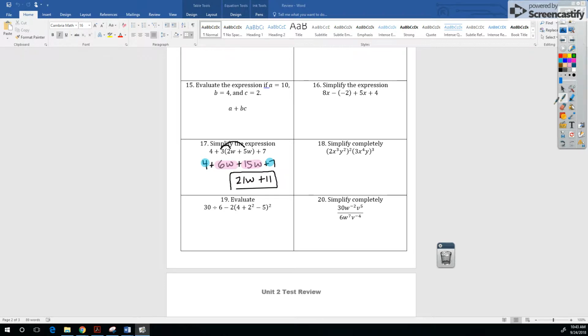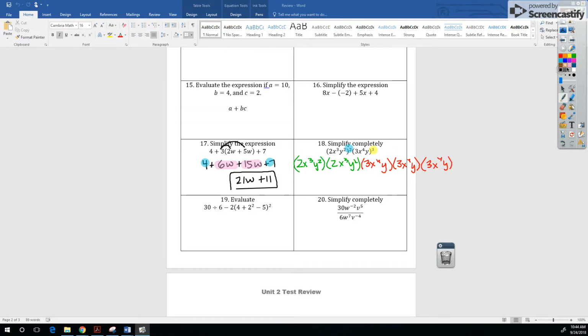Exponents. We told you they were coming back. You're never going to get rid of them. So what this little 2 means, right up here, this exponent of 2, means I'm going to write what's inside of this parenthesis 2 times. Multiplication. This little 3 means that I'm writing what's inside of there 3 times using multiplication. 3x to the 4th y, 3x to the 4th y, 3 times 3x to the 4th y.